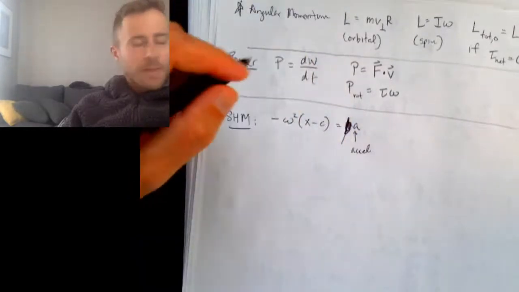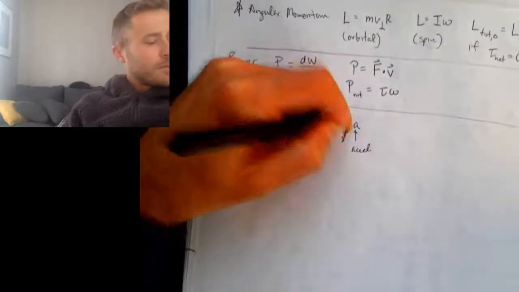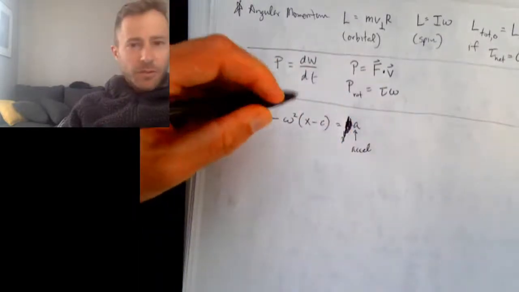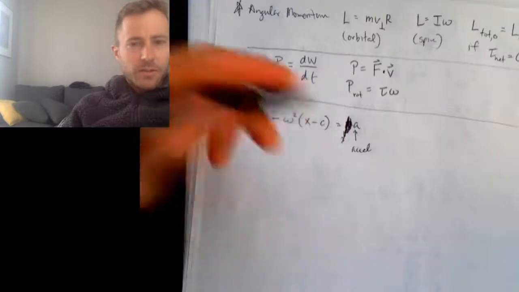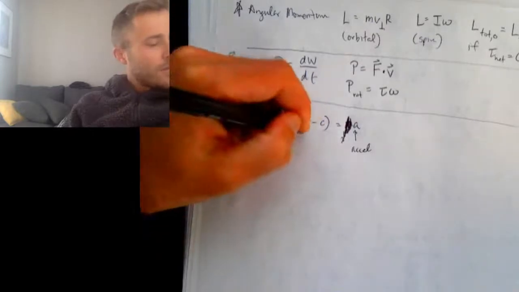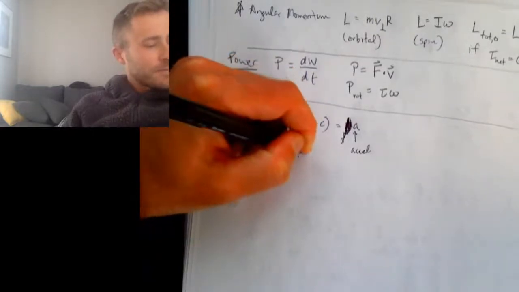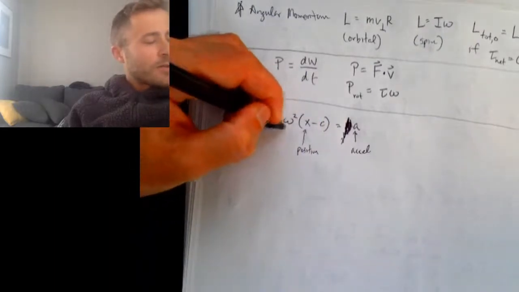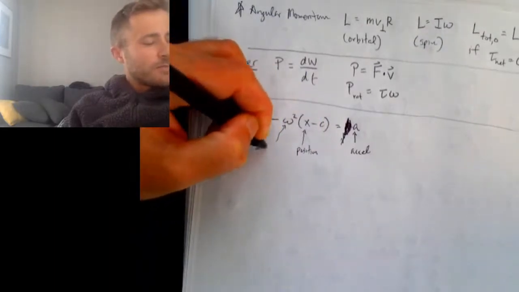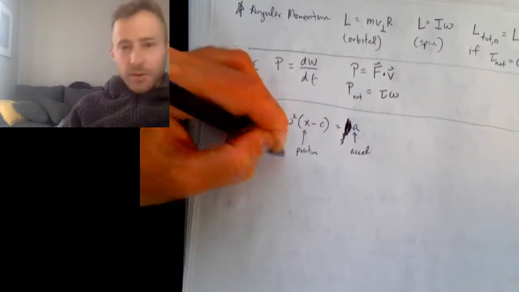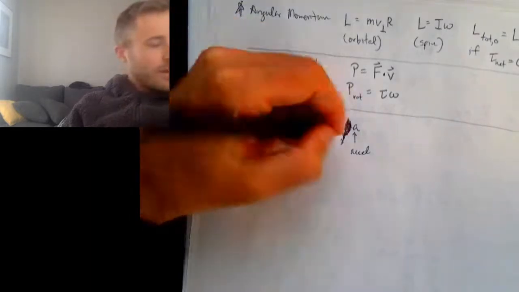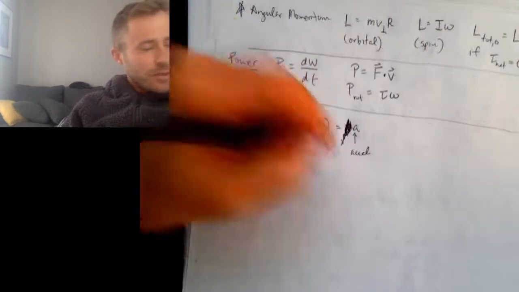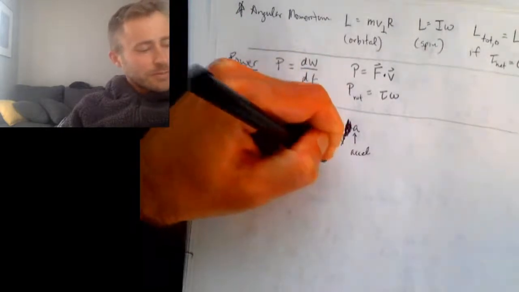The m has already been divided over to the other side. So minus omega squared times the quantity x minus c equals a. X is position. Omega squared is a constant that depends on the properties of the system. And c ends up being the equilibrium position.